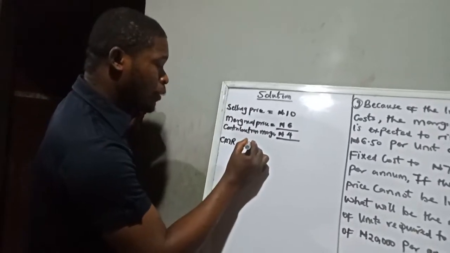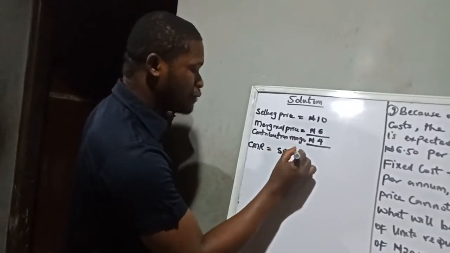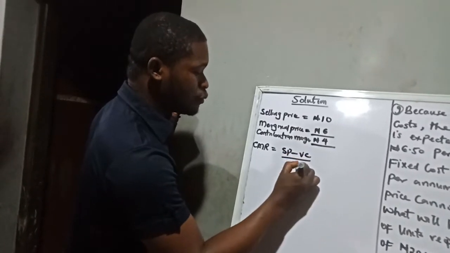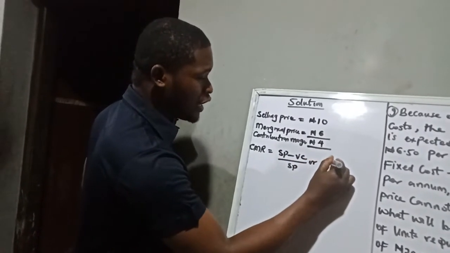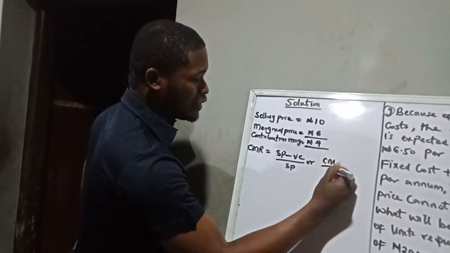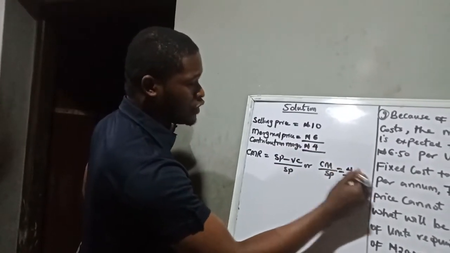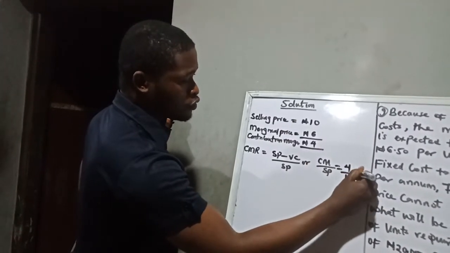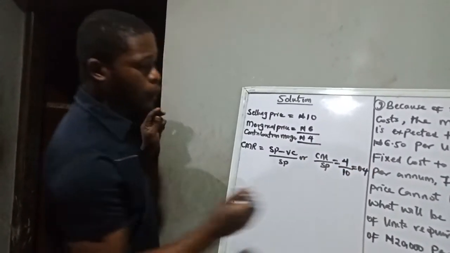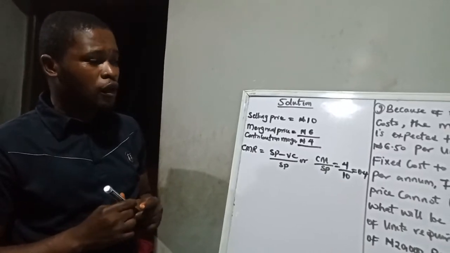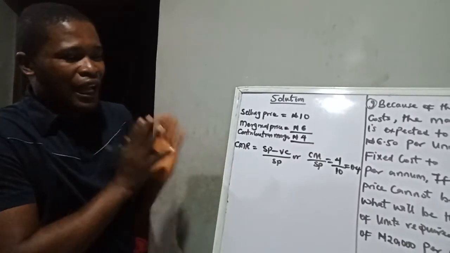Remember I gave you the formula. You can either use selling price minus variable cost all over selling price, or you use CM all over selling price. In this case, CM, which is 4, over selling price, which is 10. This gives us 0.4. So our CMR is 0.4.